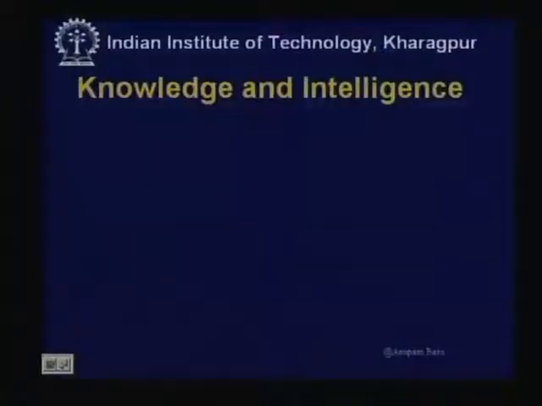Now, before delving into the details of knowledge representation, first let us look at what is meant by intelligence and how knowledge is related to intelligence. There are different ways of interpreting knowledge. Philosophers, scientists, logicians and psychologists have all interpreted knowledge and gave some meaning to intelligence.